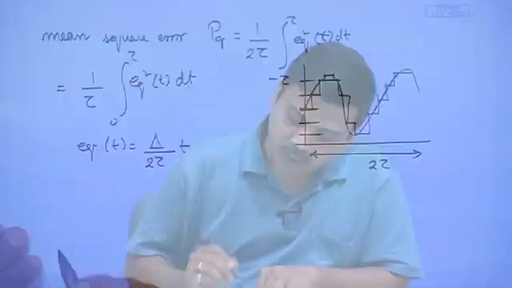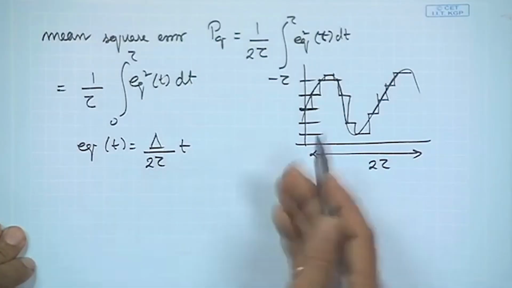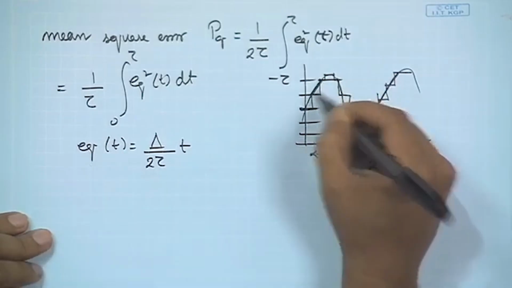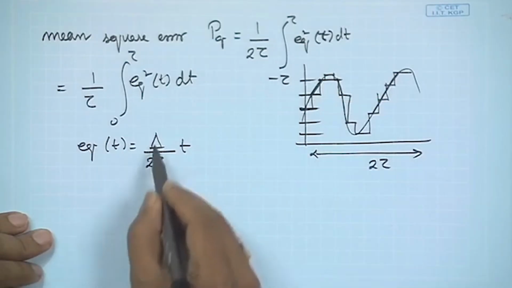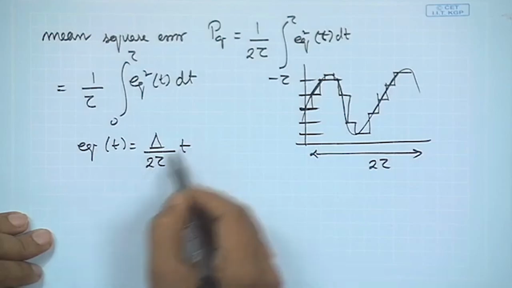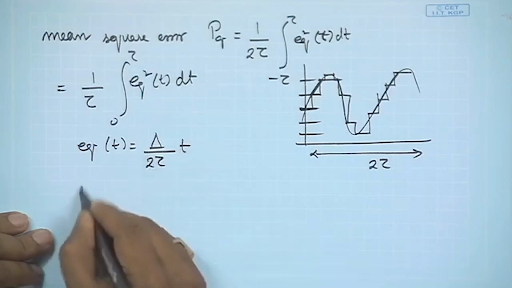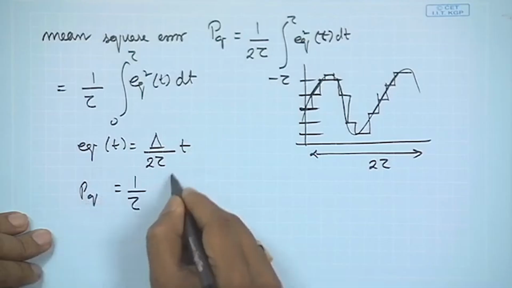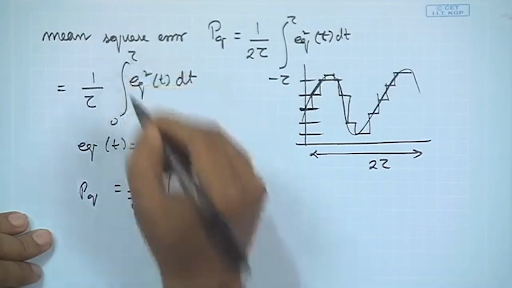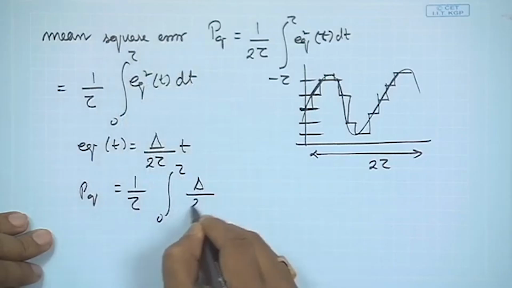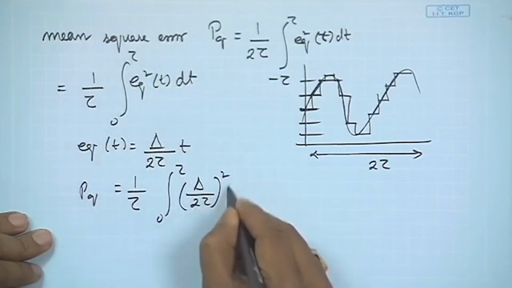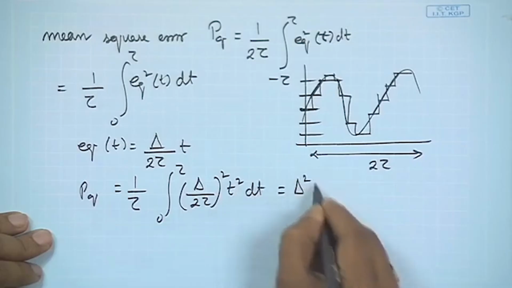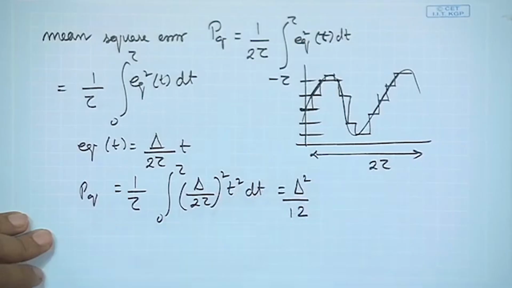So, if you can represent it as a sum of sinusoids, then in each of these you have this linear approximation. You can say delta by 2 tau times t is the error, then you could calculate P_q as 1 upon tau integral 0 to tau of delta by 2 tau squared t squared dt, which is equal to delta squared upon 12.